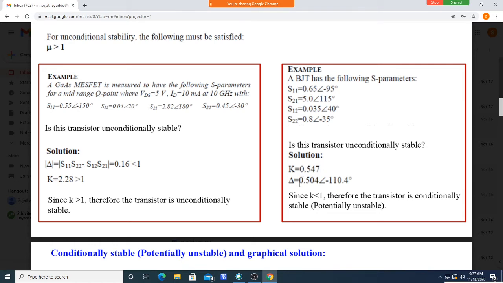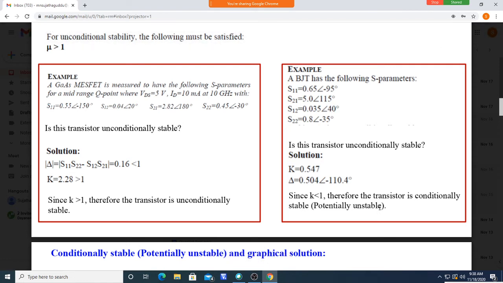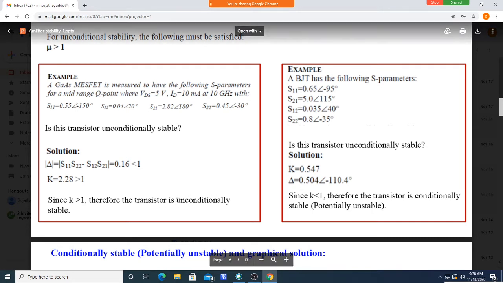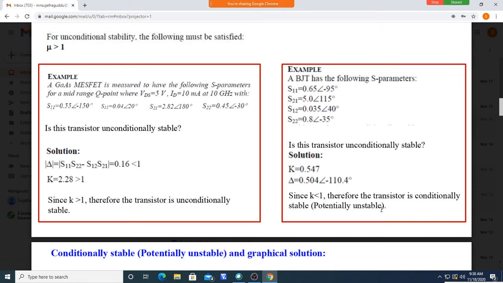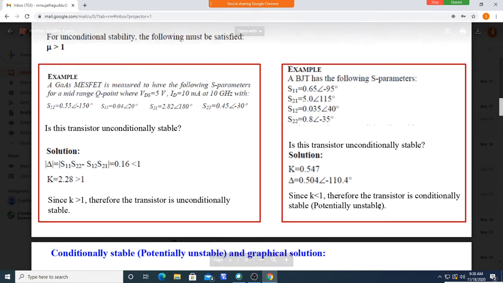The magnitude of delta is less than 1, but K is also less than 1. What we are expecting is K greater than 1, but it is less than 1. So it is conditionally stable, potentially unstable. The system is not unconditionally stable. Conditionally stable is also called potentially unstable.